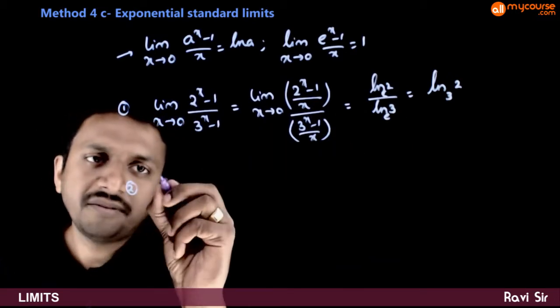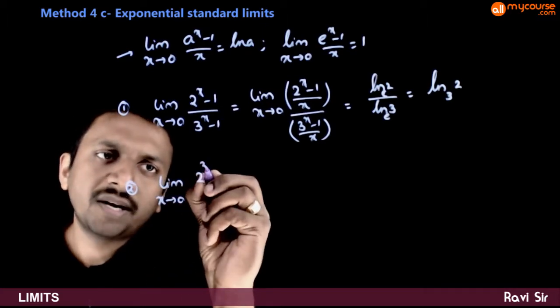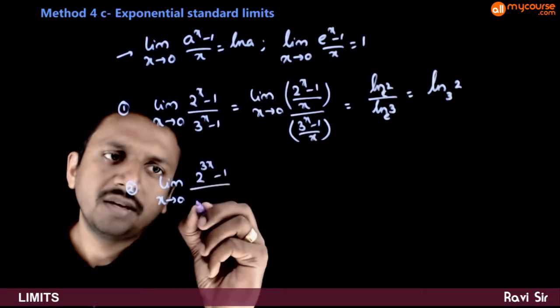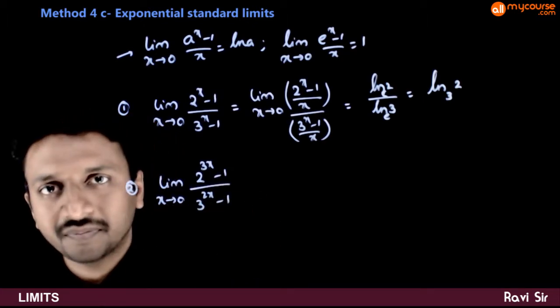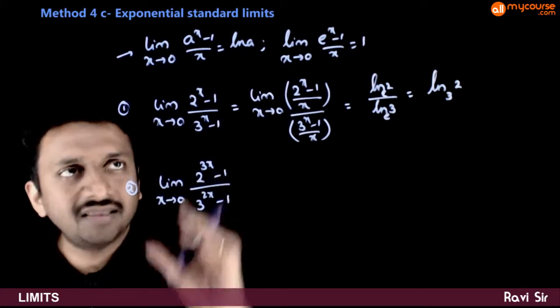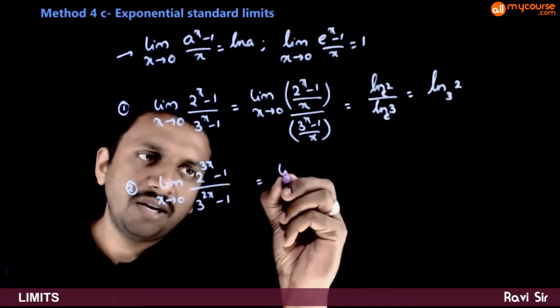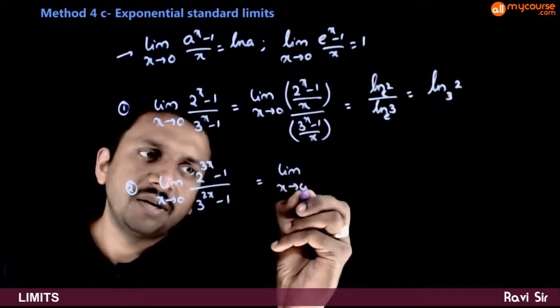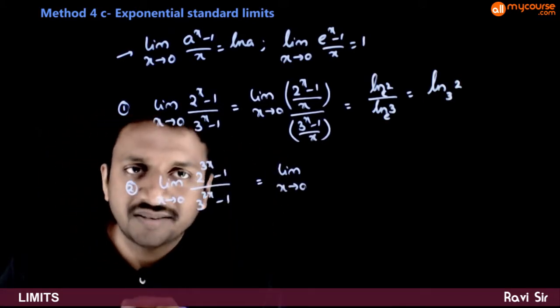So next, if you have something like this, limit x tends to 0, (2^(3x) - 1)/(3^(2x) - 1). Again, this can be done in a similar fashion as we did in the first question. First, I'll divide both numerator and denominator by x.